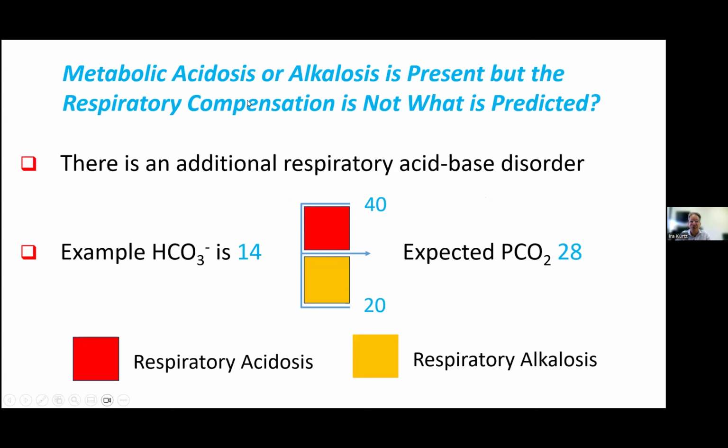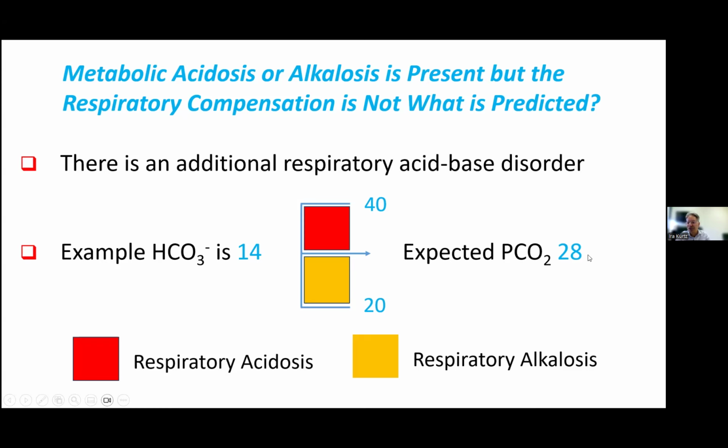So the lack of the appropriate compensation, remember, the compensation is not called a respiratory acidosis or alkalosis, but the lack of the appropriate compensation means, by definition, in addition to the metabolic disorder, you also have a respiratory acid-base disorder.